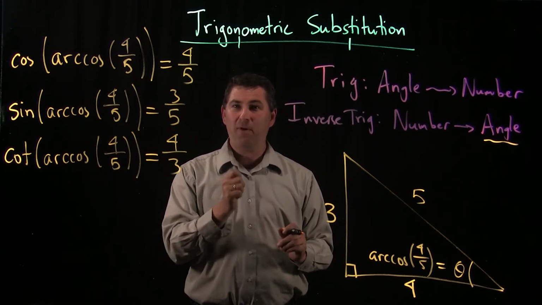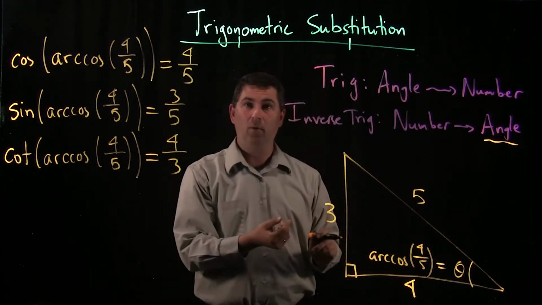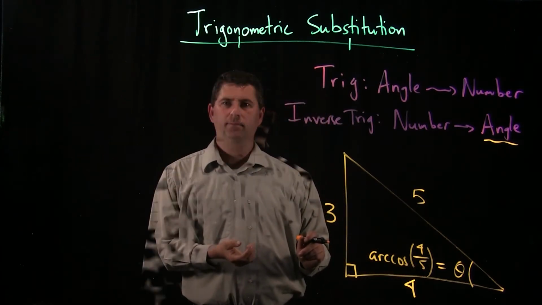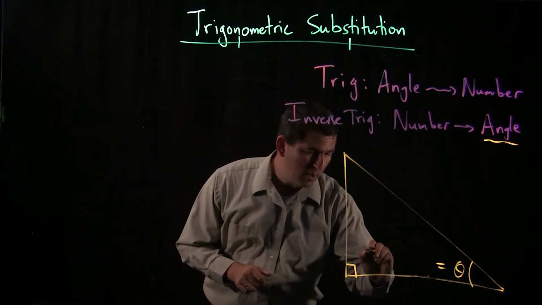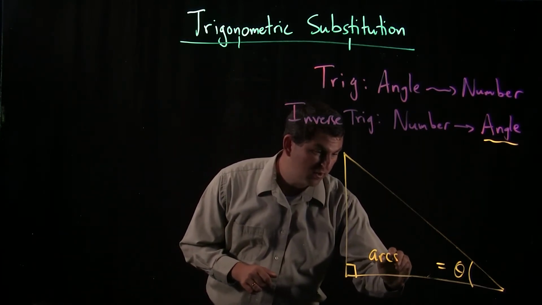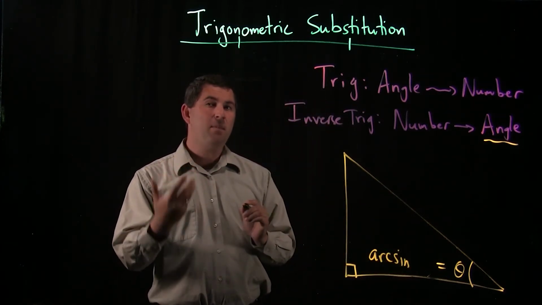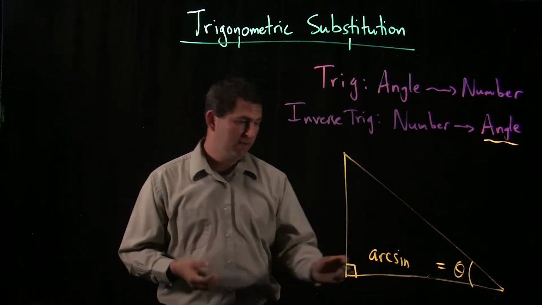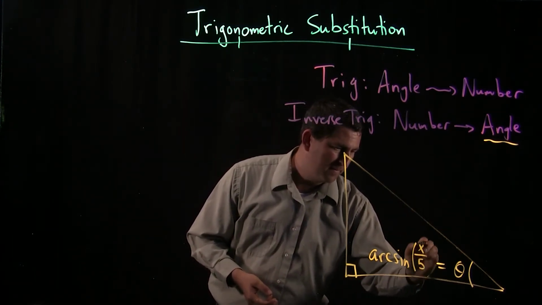Okay, now we're going to try it where instead of having just a very obvious number here, we're going to use a variable. So what if we knew that this was the arc sine of some number, and that number had a variable in it? Like maybe, let's say, x over 5.